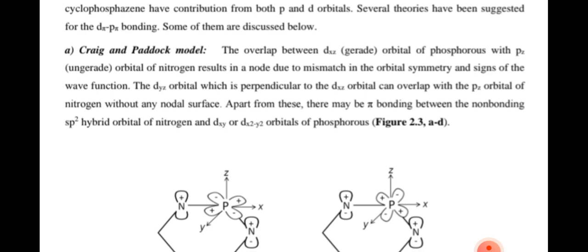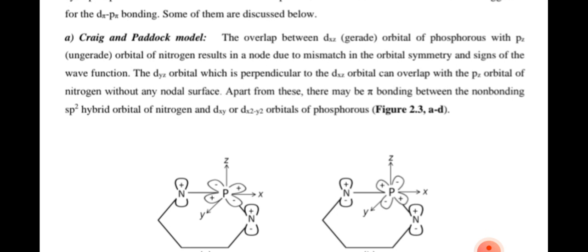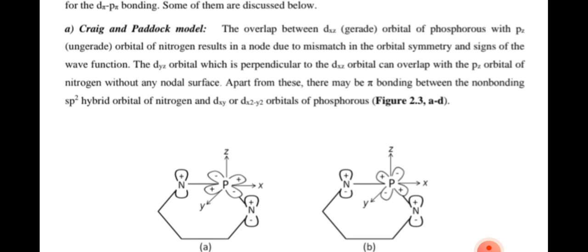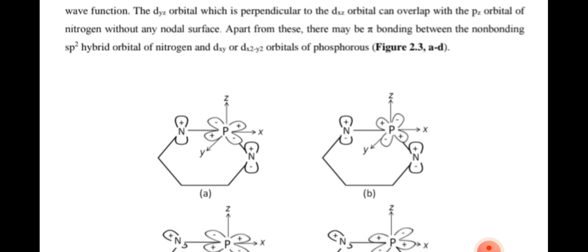Several theories have been suggested for the d-pi p-pi bonding. Some of them are discussed below. Craig's and Paddock's models. The overlap between the dxz orbital of phosphorus with the pz orbital of nitrogen results in a node due to mismatch in the orbital symmetry and sign of the wave function.